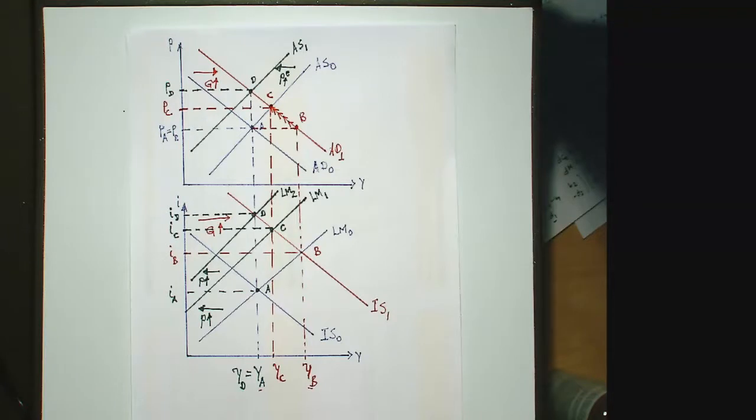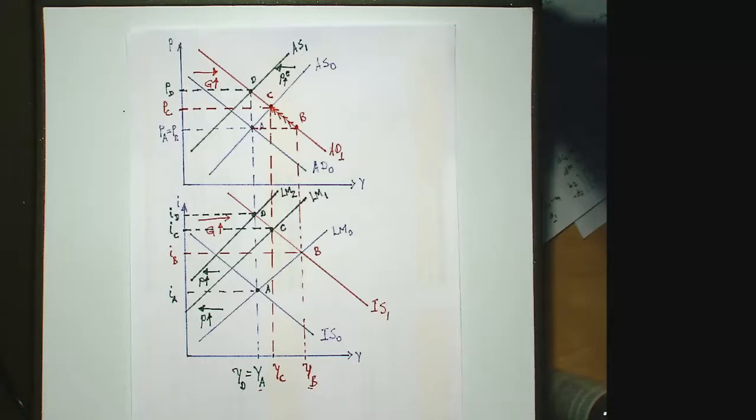And then we have moved on to the medium-run equilibrium where price expectations should be adjusted due to the given scenarios. When price expectations were increased, aggregate supply decreased to aggregate supply 1, and this gave us a new equilibrium at point D where we had a new price level of PD.